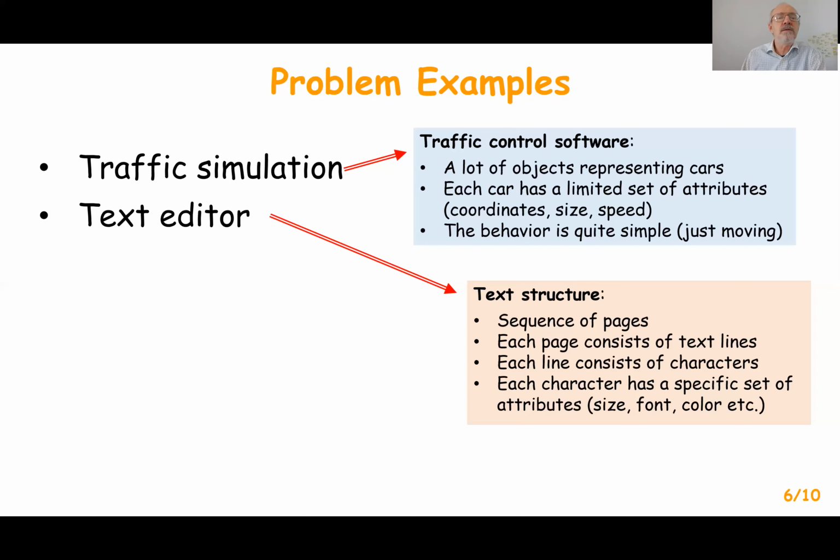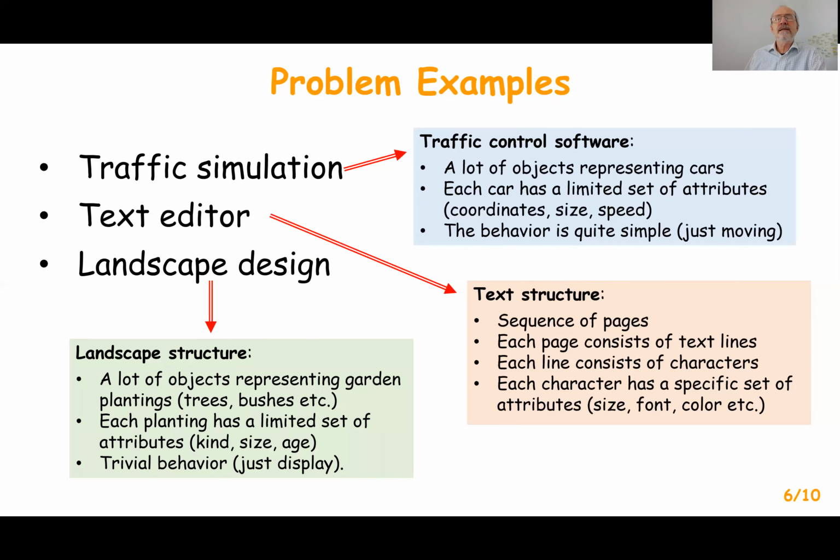Let's consider the third example, landscape design. This is also a kind of popular software. There are a lot of different landscape-oriented, architectural-oriented design software. Again, very similar situation. A lot of objects representing, in this case, garden plantings, trees, bushes, etc. Each planting has a limited set of attributes.